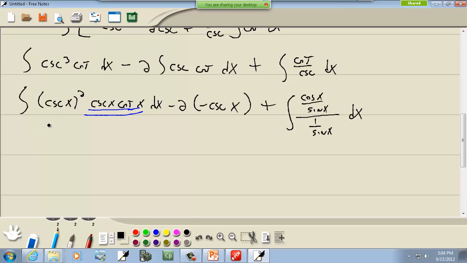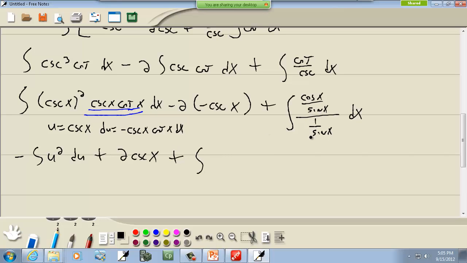Okay, so this one here would be u is equal to cosecant x. Du would be negative cosecant x, cotangent x, dx. So that means we need a negative inside, so we need a negative out in front. And this would become u squared du inside. Negative times a negative is positive. We've got 2 cosecant x. Now over here, since they both have a sine in the denominator, those can cancel. We got cosine over 1, or just cosine.